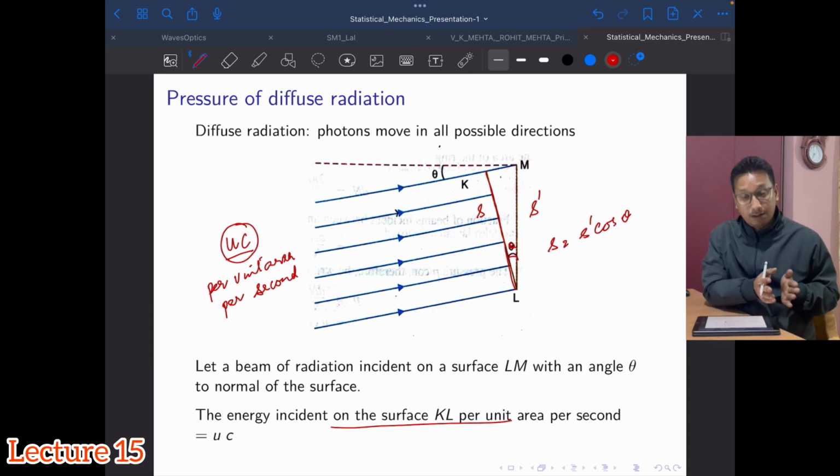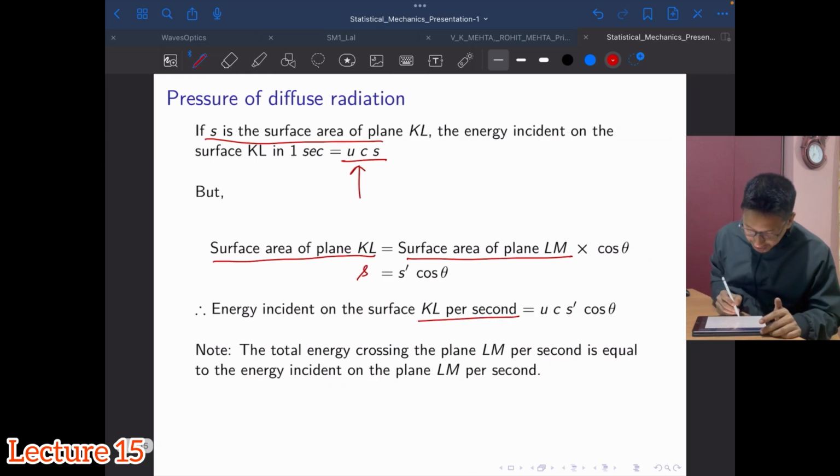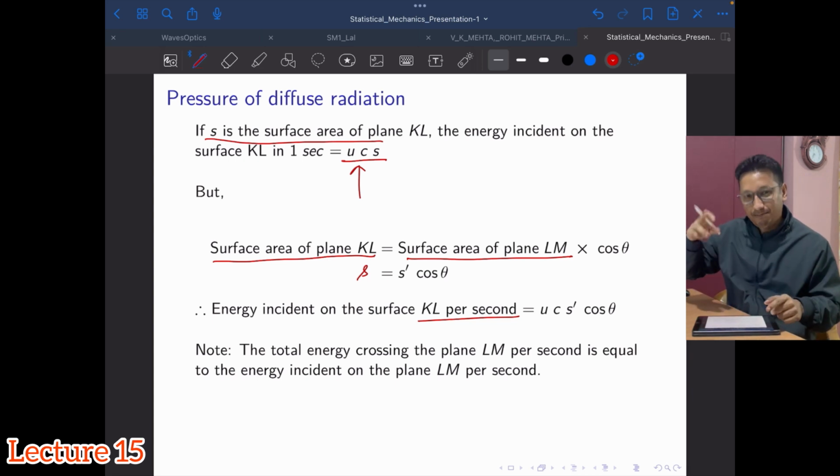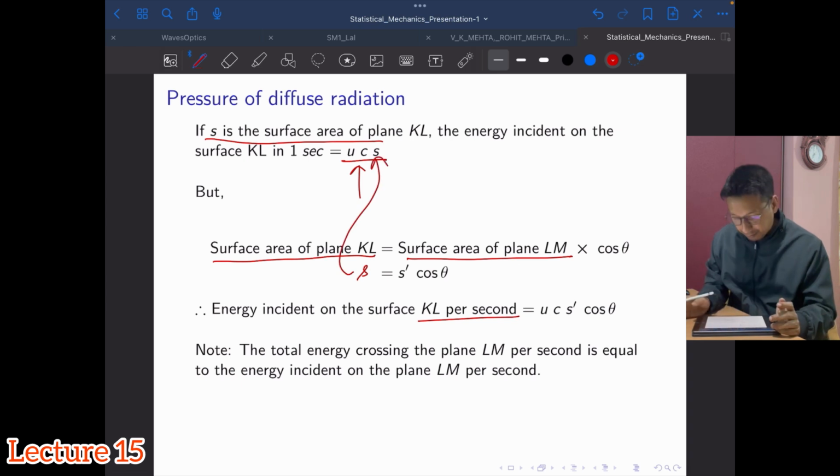So the energy incident on the surface KL per second, in terms of the LM surface, is UC S dash cos theta. I have just substituted for S here.